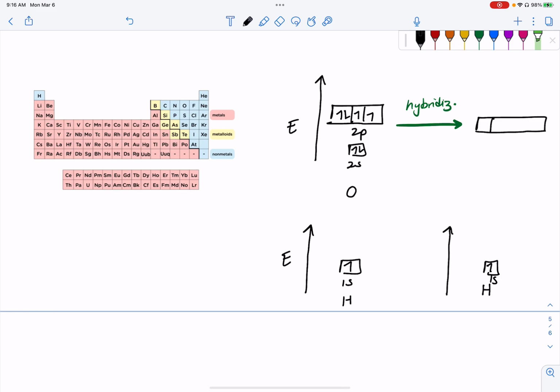If I were to draw this, I would find something like this. I'm creating 4 new orbitals. Since they came from taking an s and adding it together with 1, 2, 3 p orbitals, let's call this an sp3 hybrid.